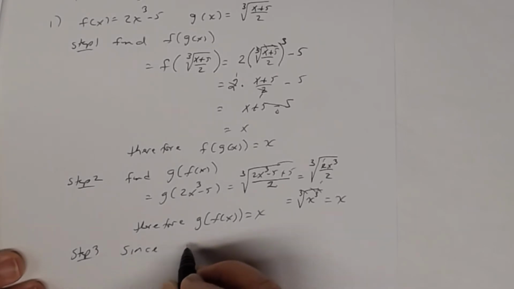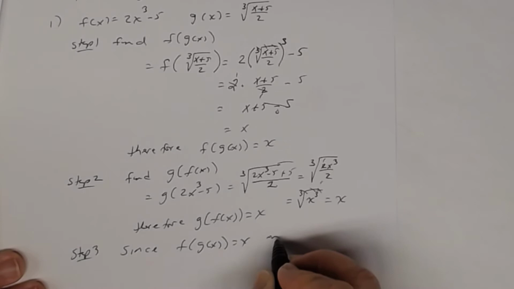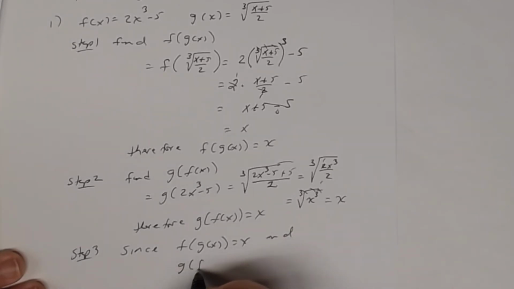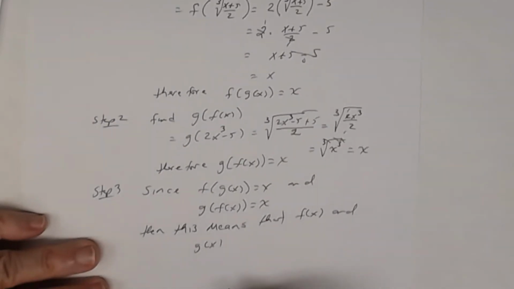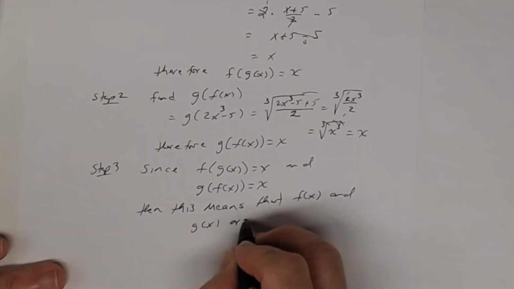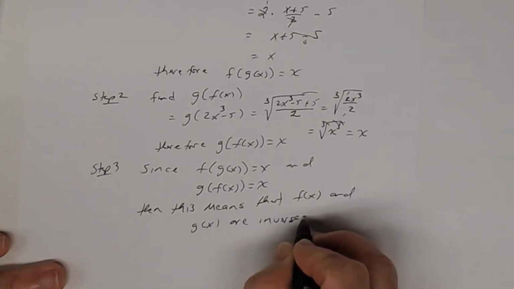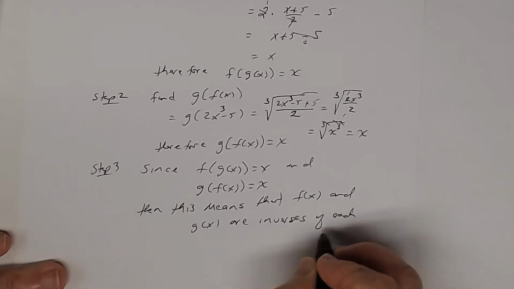Since f of g of x is equal to x and g of f of x is also equal to x, then this means that f of x and g of x are inverses of each other. And that was it.